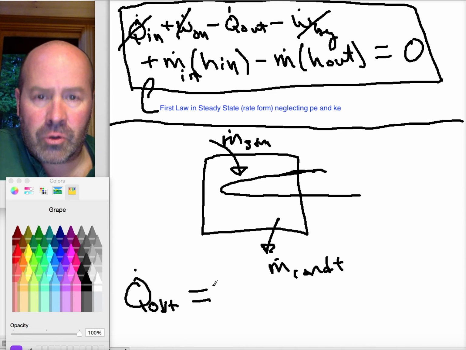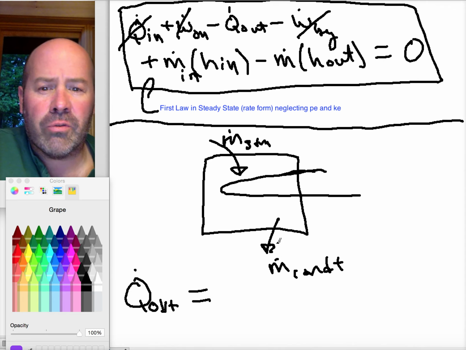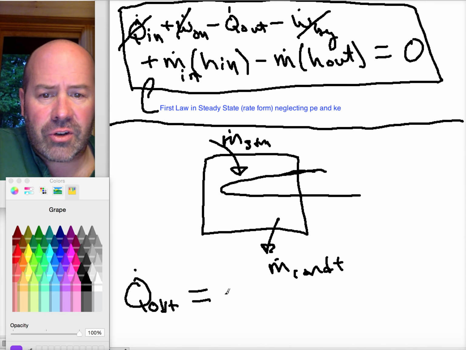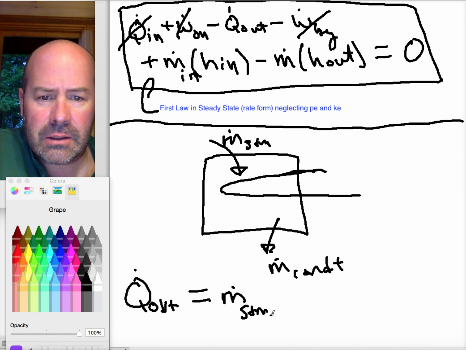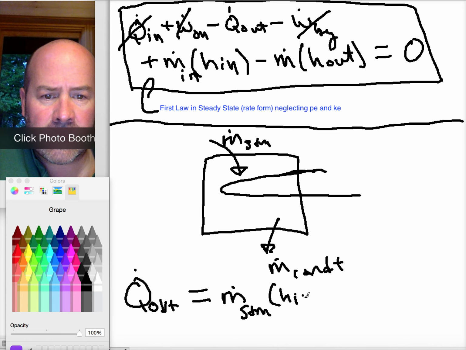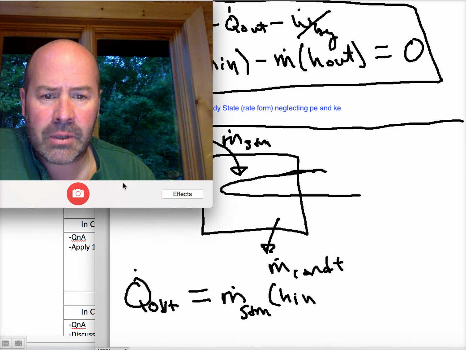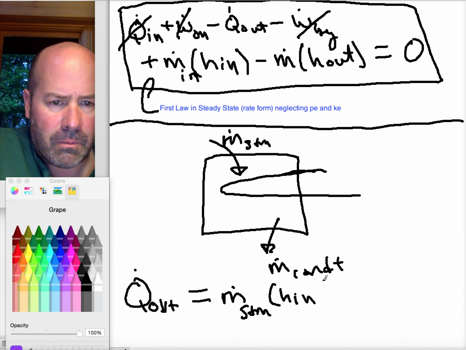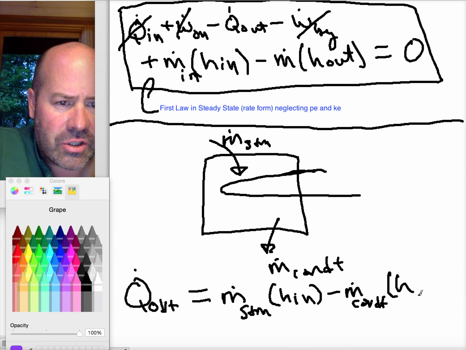and I'm going to do my algebra here. I'm going to move that to the other side, and it's going to equal the mass flow rate of the steam coming in times the H of the steam coming in minus the mass flow rate of the condensate going out times the H of the condensate going out.